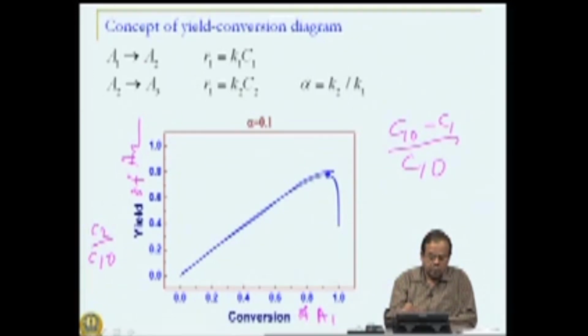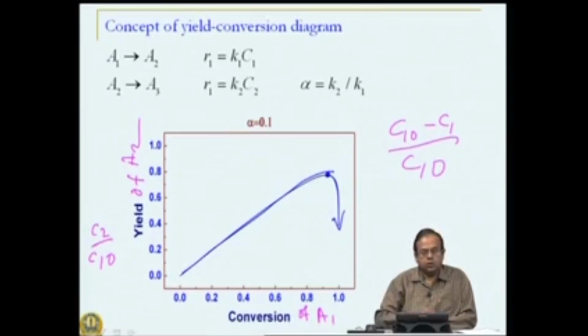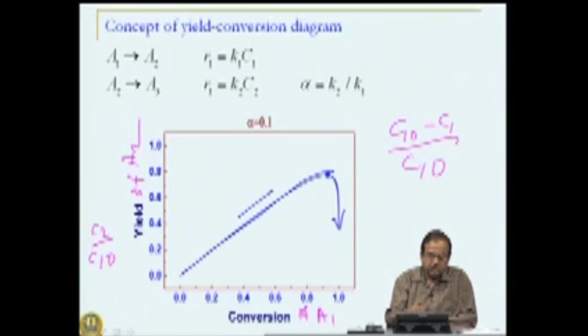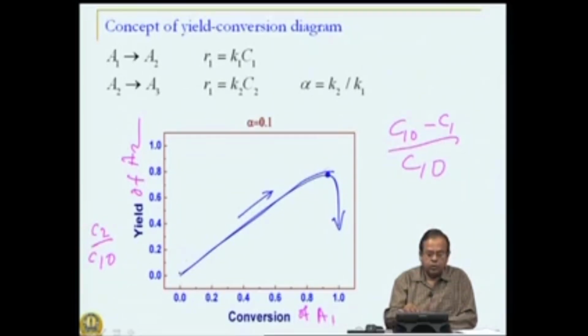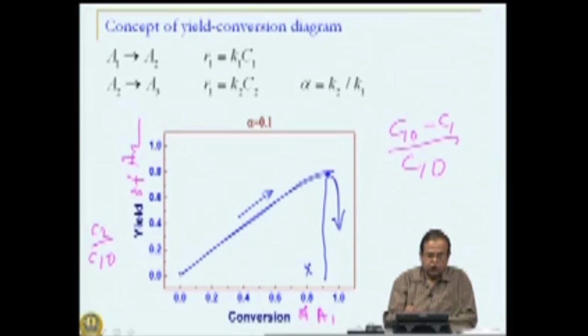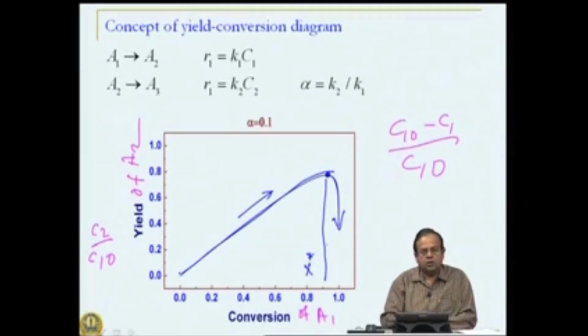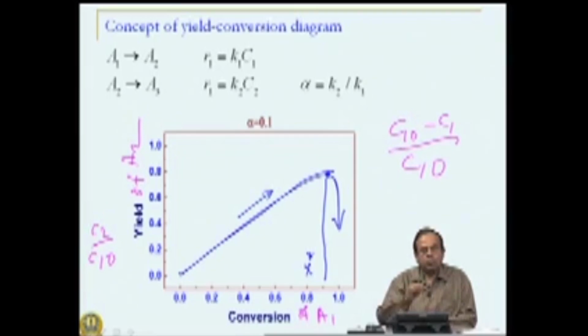A2 actually decreases from here to here. So, it is increasing from 0 conversion to this particular value, let us say some value of conversion x star, and beyond that value it is decreasing.